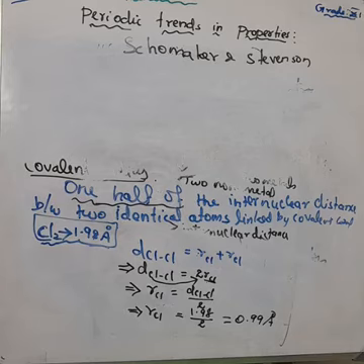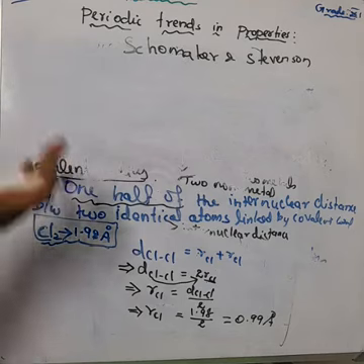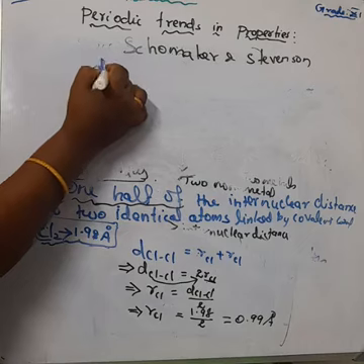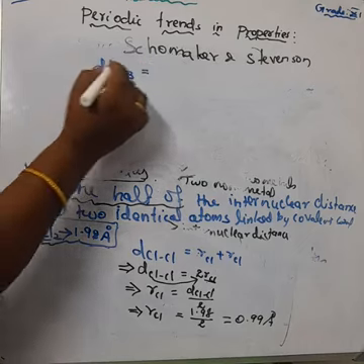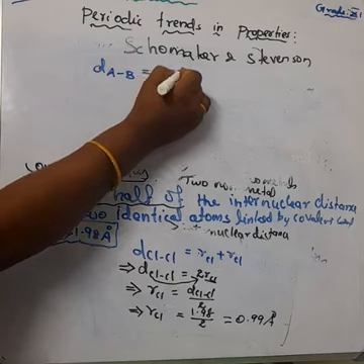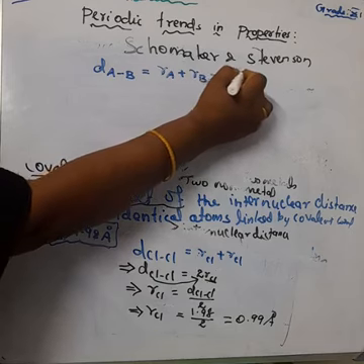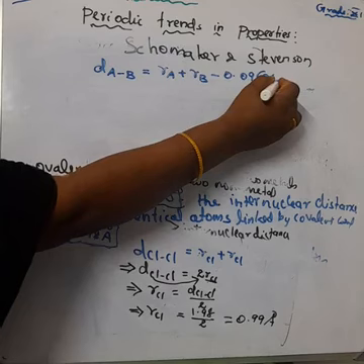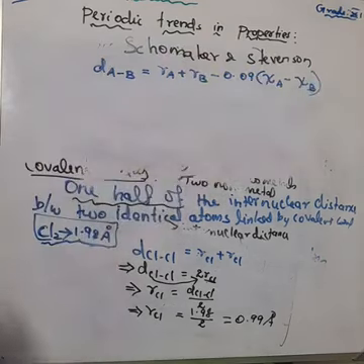The formula is D of A-B is equal to R A plus R B minus 0.09 into the difference of electronegativities, X A minus X B.